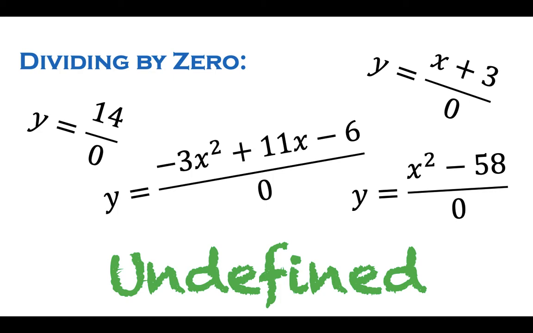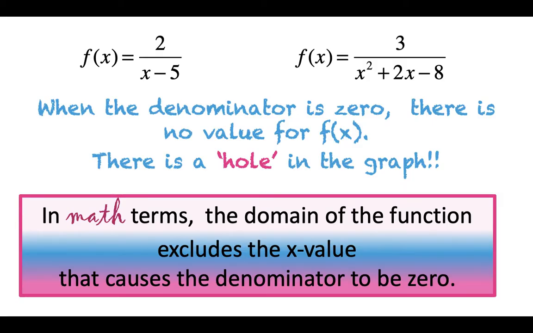So when we have a function that has a 0 value in the denominator, then the function can never be valid for that particular value of x. So if the denominator is 0, then there's no value for f of x, and there's a kind of a hole in the graph.